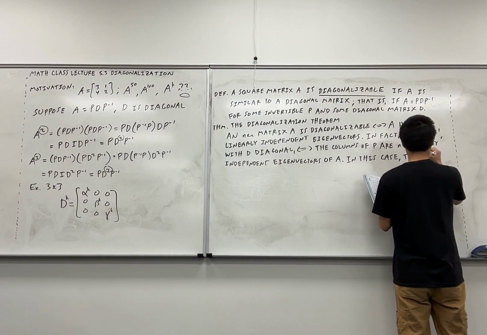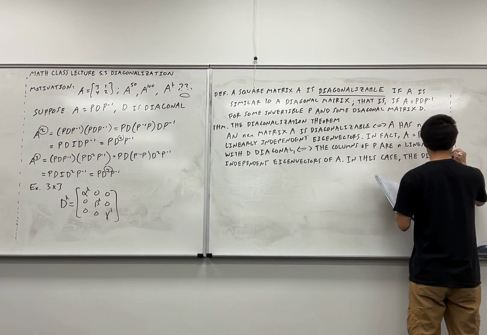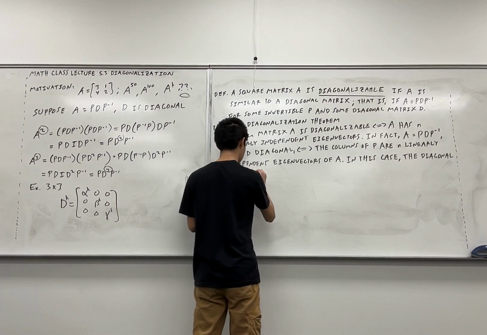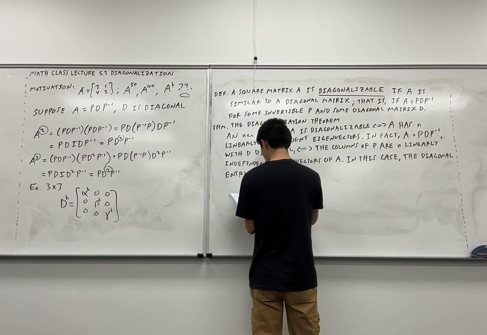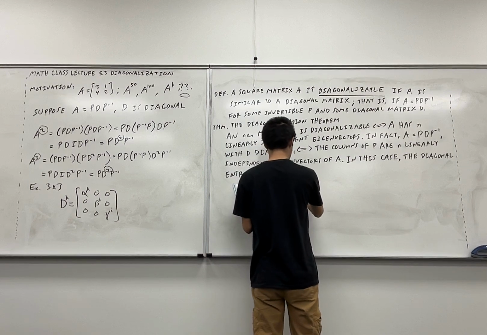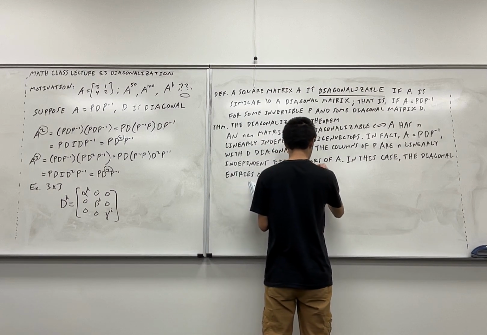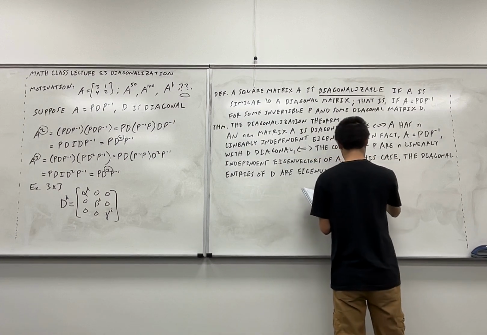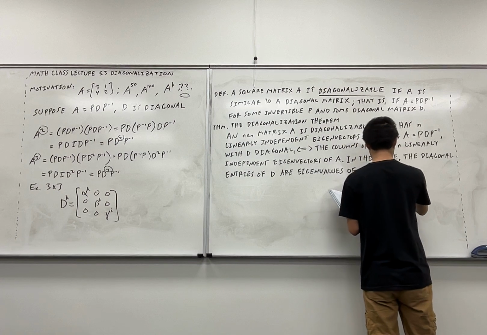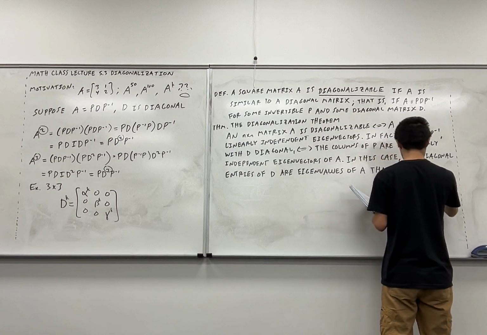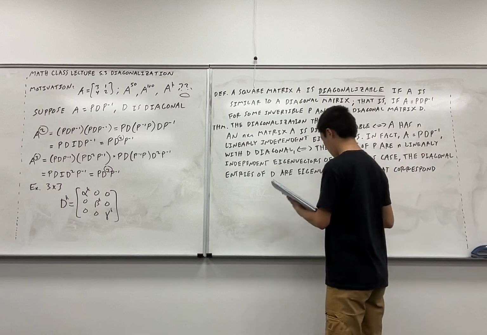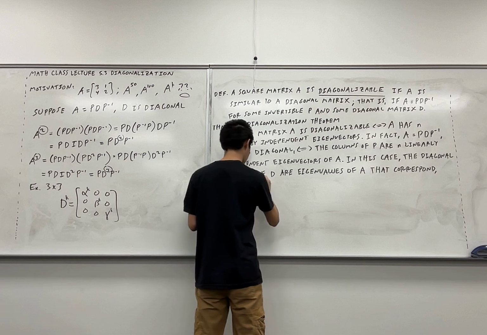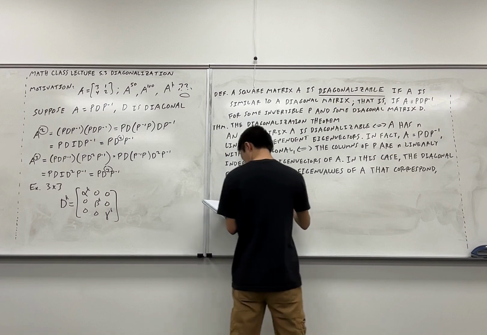The diagonal entries of my D are eigenvalues of A that correspond respectively to the eigenvectors in P.